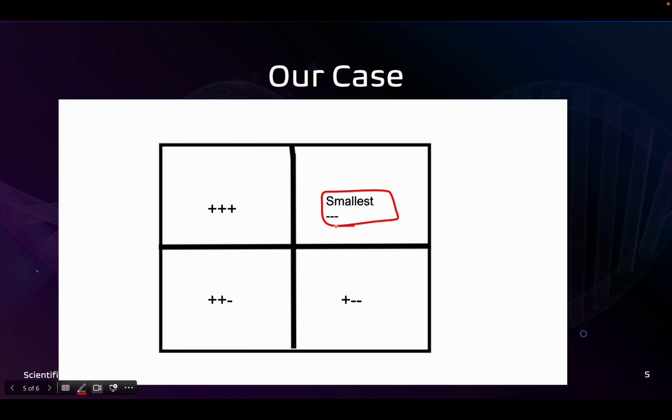As it becomes bigger, I change the minus to a plus to better visualize it. So it's the smallest, then we have this one that's bigger than the smallest one. It's the next step, and it's bigger.